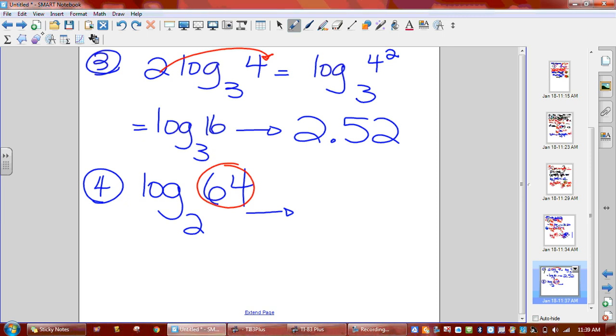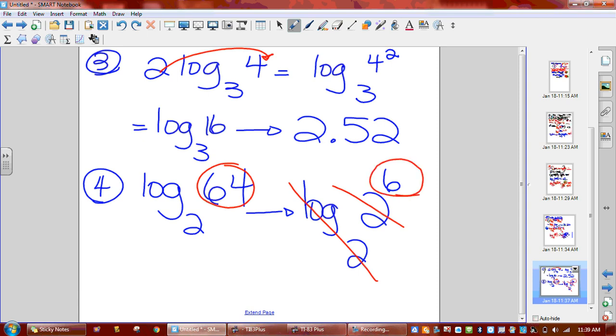So we basically guess and check 2 exponent what gives us 64. Now, we're going to find out 2 exponent 6 gives us 64. So we're going to have log base 2 of 2 exponent 6. And we're back to that same situation where we're able to cancel our logs and our answer is our exponent. So our answer for this case will be 6.